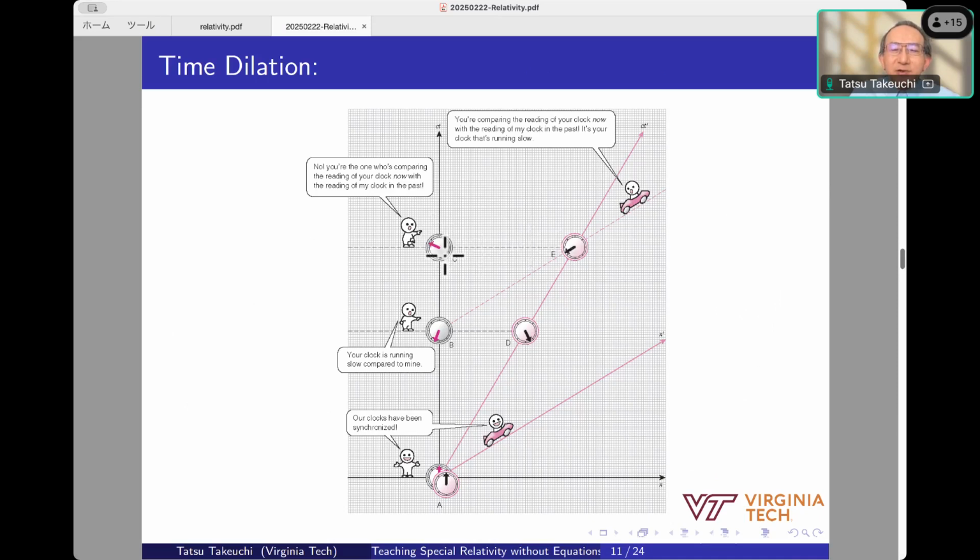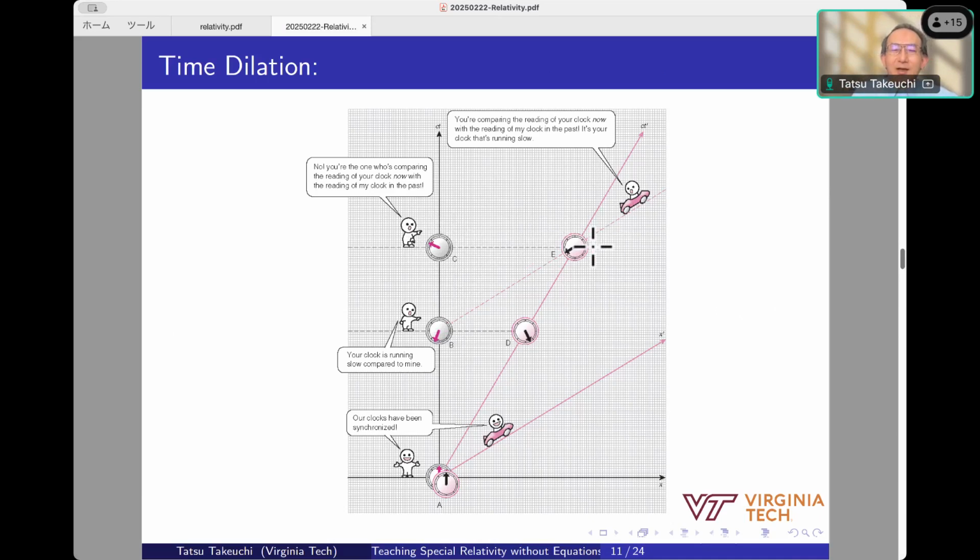So the reading that should be compared is the reading of the other clock at E with the reading of the rest frame clock at C, because B happens in the past of C. So each observer is going to think that the other observer is doing something ridiculous, because the other observer is always comparing the reading of the other observer's clock with the reading of your clock in the past.